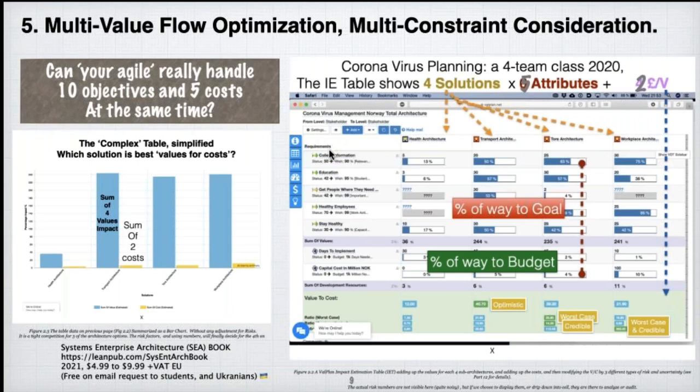On the left-hand side, where it says requirements, we have yellow value arrows again, and we have names like collect information, education, get people where they need to be, healthy employees, stay healthy. This is actually COVID planning values. So the question is, to what degree are we satisfying these values?